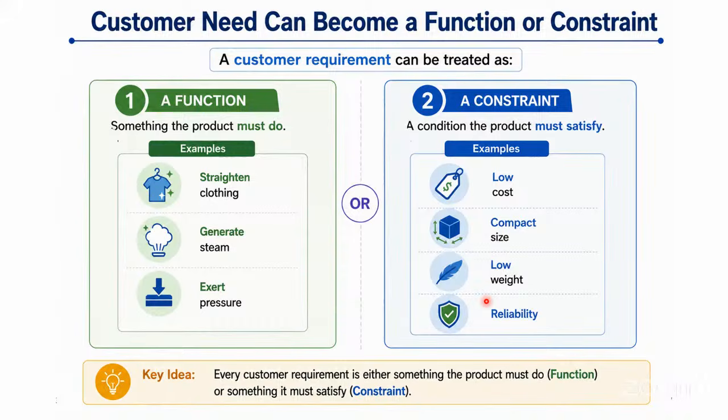The customer requirement like straightening, generating steam, and exerting pressure becomes the function, whereas low cost, compact size, lightweight, and reliability becomes a constraint. Every customer requirement is either something the product must do, that is, it's a function, or it is something it must satisfy, that is a constraint. A customer requirement can be a function or a constraint.